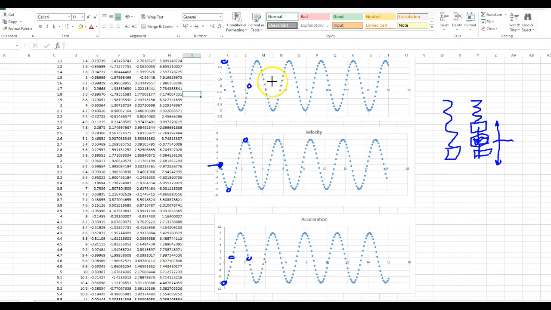We now go down and we look at when the acceleration is at its maximum. Just go up here. The displacement is at the opposite maxima, but the velocity is 0.